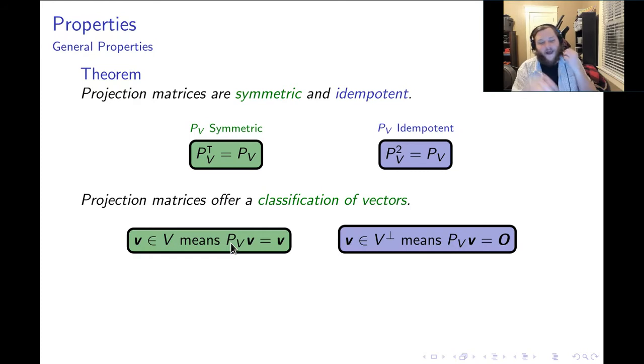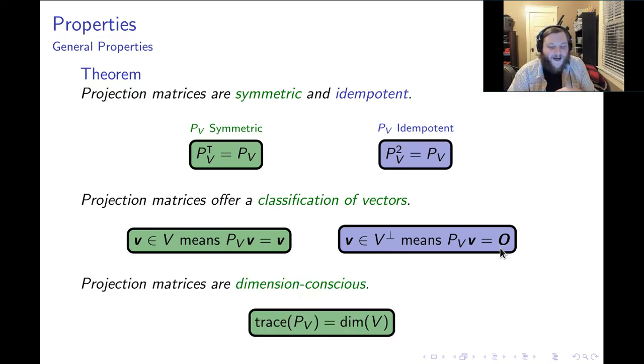On the other hand, let's say that v belonged to the orthogonal complement of our space. What that turns out to mean is that when we project, we produce the zero vector. So if we want to test whether or not a vector is in the orthogonal complement of our space V, we can multiply by the projection matrix and check if we get 0.